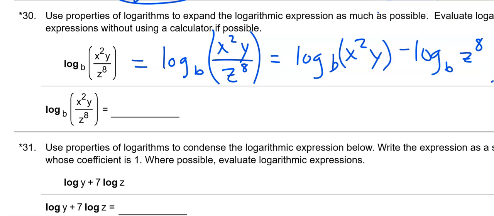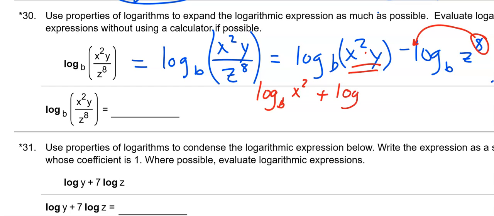Remember I told you that exponents on the arguments had to be 1s? Well, that's obviously not a 1, so I will be using the move it property and bring that down in front. But right there I see a product, and I need to split that apart too. So one thing at a time here. So we got log base b of x squared. And then because that's a product, I'm splitting it apart into addition. Log base b of y.